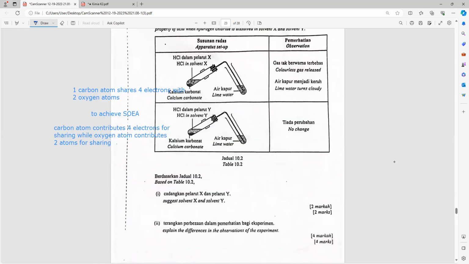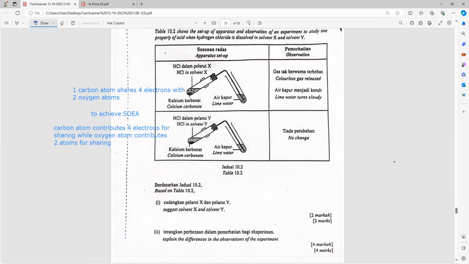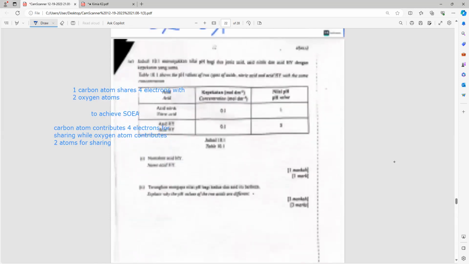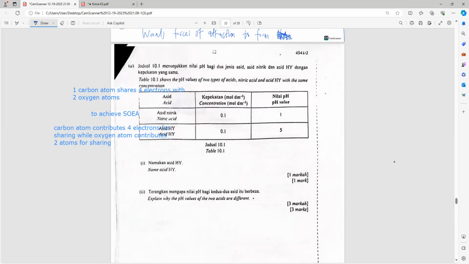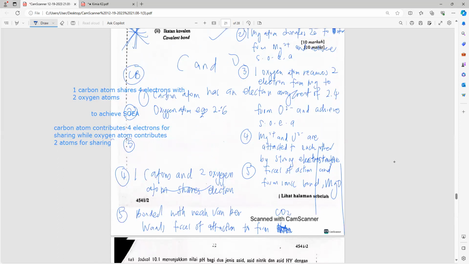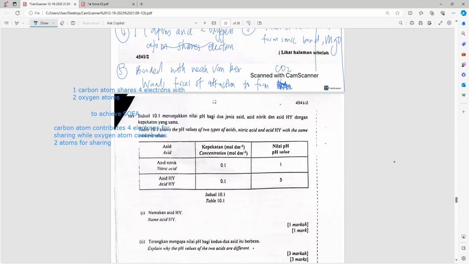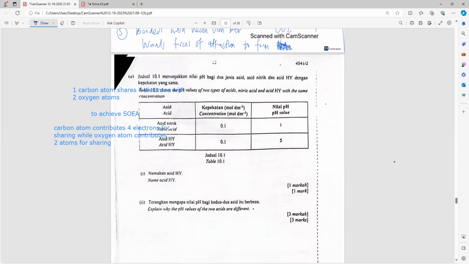Okay. Before going to Namata's question, this is an acid question. I think y'all should be able to answer. Teacher took longer for this question because I didn't get a chance to teach you, therefore I have to take a longer time to explain it to you. Now, an acid question, name acid HY.